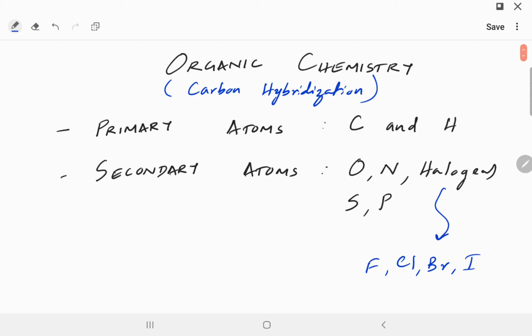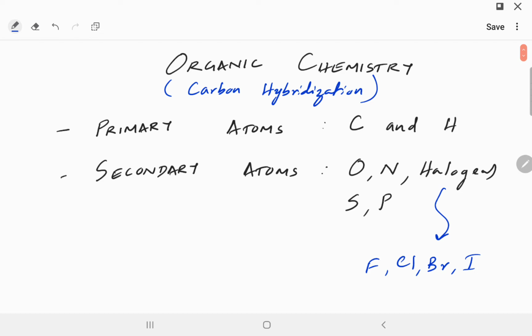So basically in organic compounds you are primarily going to focus on carbon and hydrogen, but sometimes you may also see atoms like oxygen, nitrogen, halogens, or even sulfur and phosphorus. And very rarely you might even see metal ions in organic compounds.